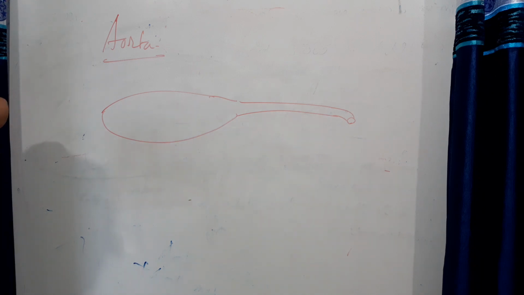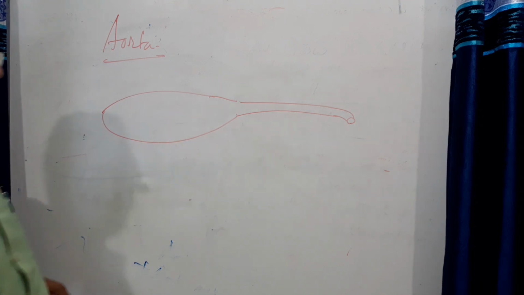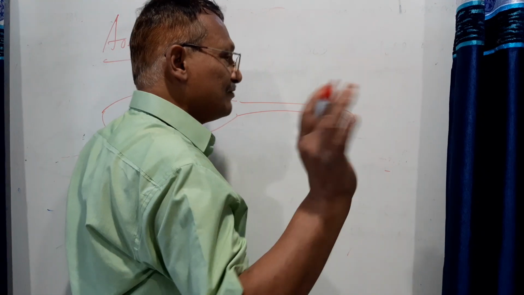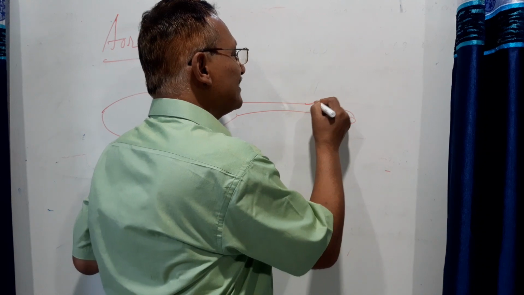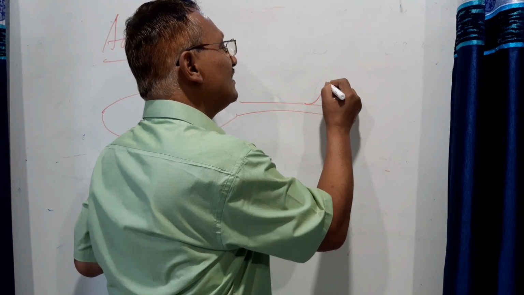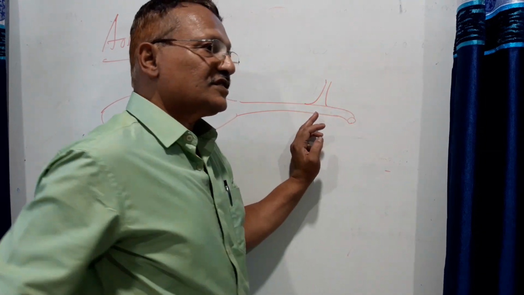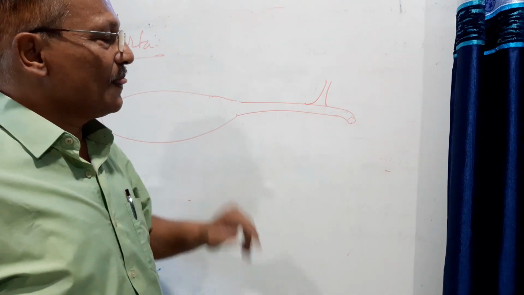This aorta has, in some cases, some diverticulum also, and it extends into the dorsal side of the body.